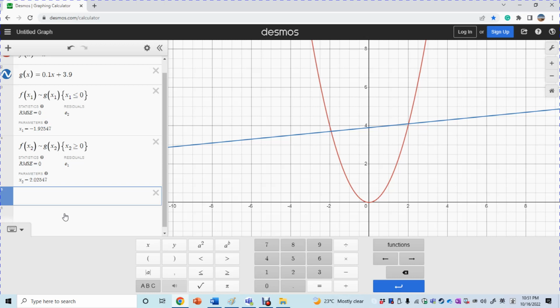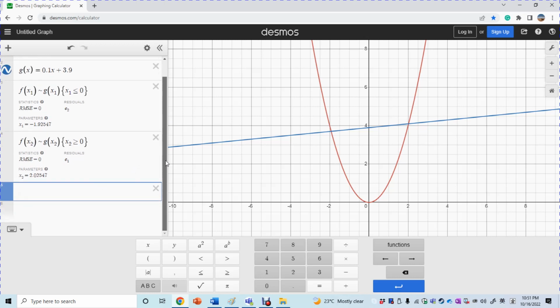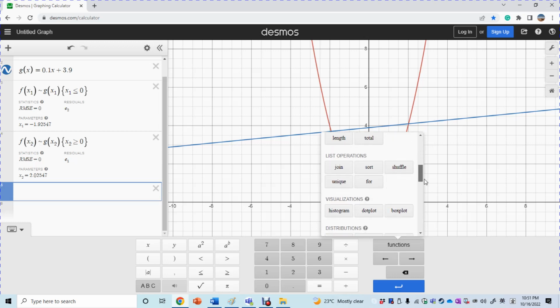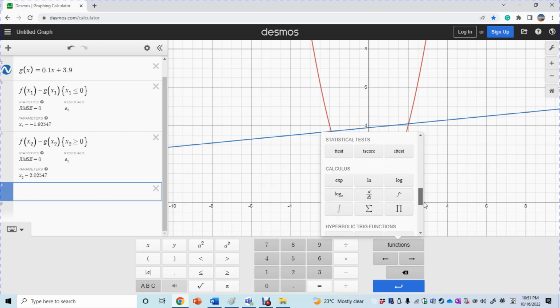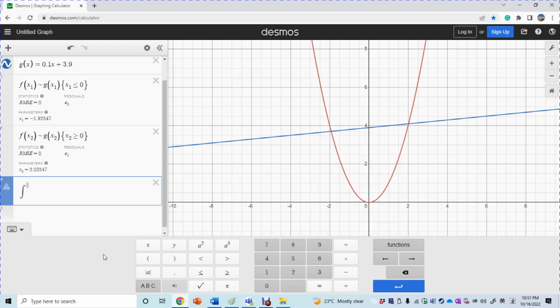Since we've defined f(x) and g(x), I'm going to go to Desmos, to the function. In that function, you go to calculus and you see integration here. Let me click the integration template.